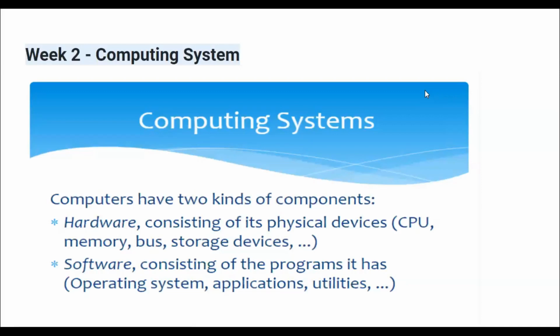Computers have two kinds of components: hardware and software. Hardware consists of physical devices like the CPU, memory, bus, and storage devices, whereas software consists of the programs, such as the operating system, applications, and utilities.